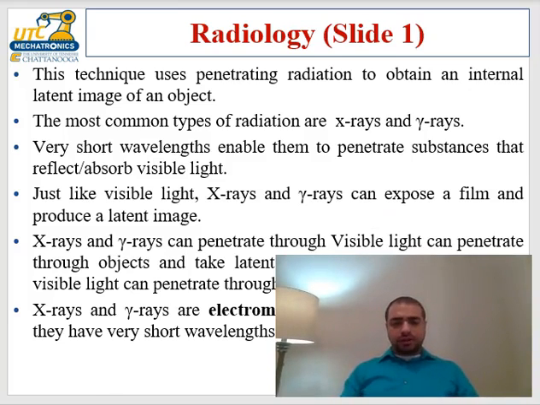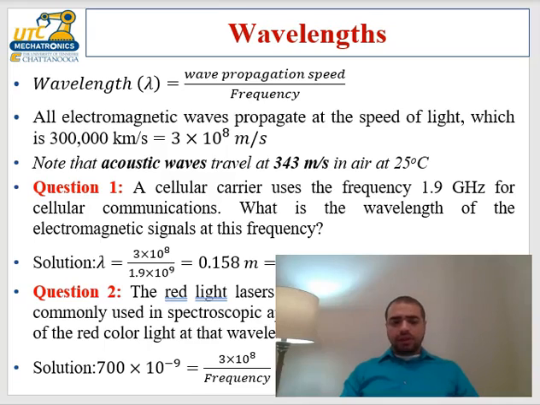Before we look at the electromagnetic spectrum, let's talk about wavelengths. You must have heard the word wavelength a lot. It's very important. A wavelength is equal to the speed of the waves divided by the frequency.